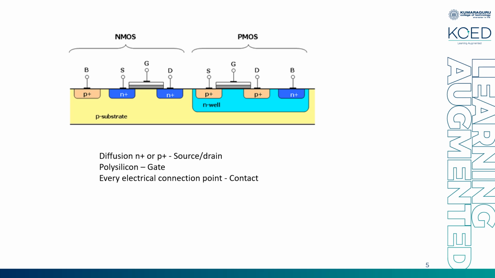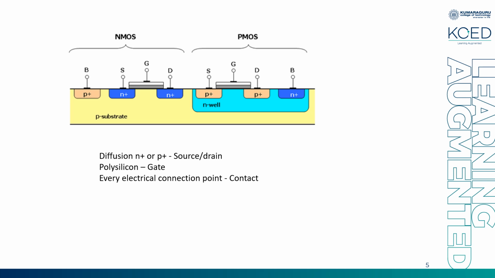N plus diffusion is nothing but N type source or drain. P plus diffusion is nothing but P type source or drain. Your gate is nothing but polysilicon, specified by your material. Every electrical contact or connection will be called a contact. Your substrate or body will be called the well layer if it is N well, and if it is a twin tub, it will be called the tub.